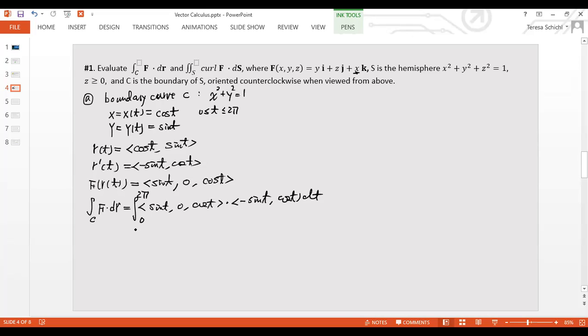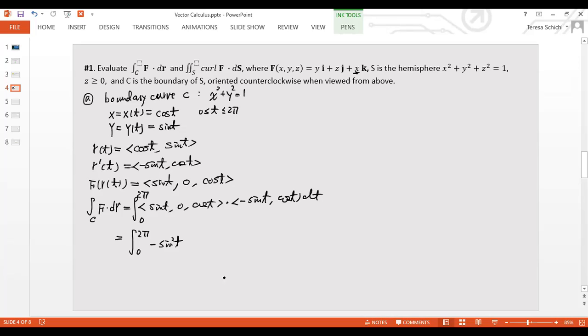So let's do the dot product here. This is negative sine squared t.